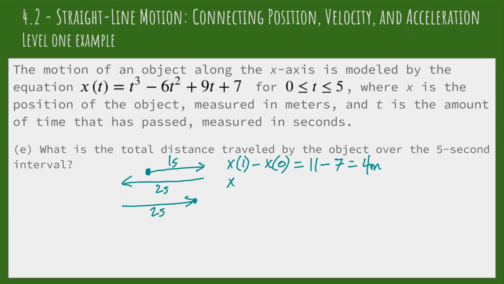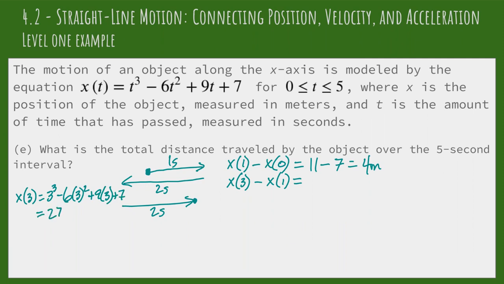Now, during the next 2 seconds, we're going to get a displacement that we expect to be negative, just thinking ahead here. X of 1 we know is 11. X of 3, let's do a little math to the side here: 3 cubed minus 6 times 3 squared plus 9 times 3 plus 7.